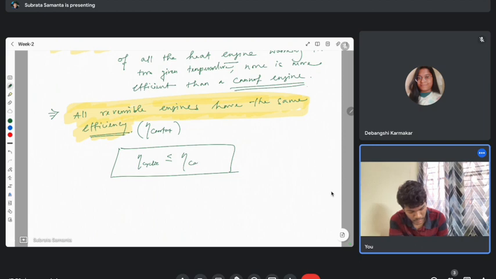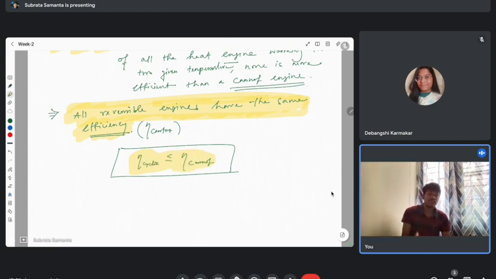If the engine is reversible, this equals the Carnot efficiency, and if it is not reversible, then it is less. That's why it is less than or equal.